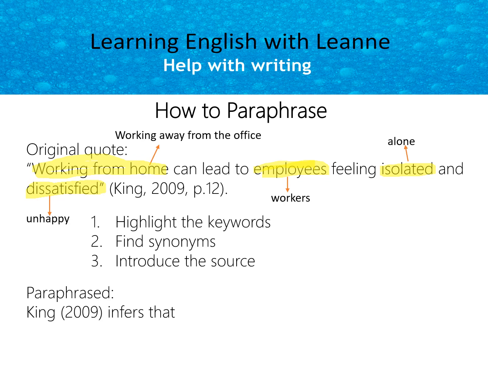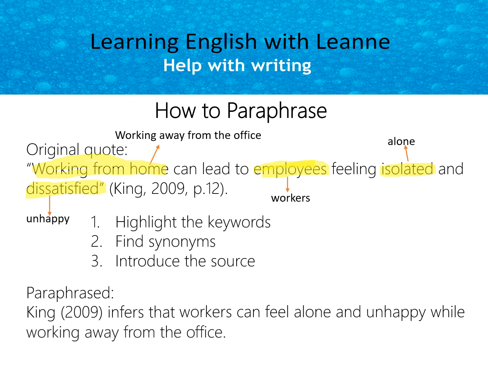A reporting verb I've used infers, and now I can look at this information I'm going to use to write. So I am going to change the order first. I'm going to say that workers can feel alone and unhappy. So I've used the second part of the sentence first to change the order of the information.